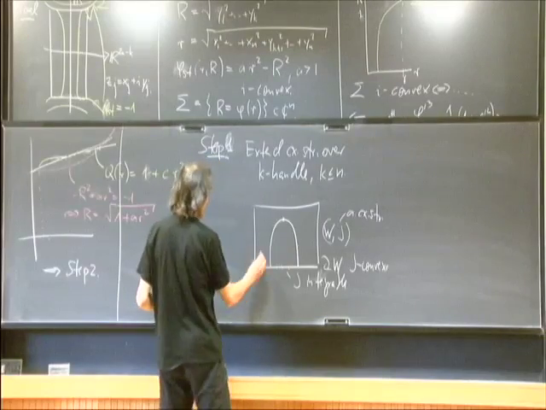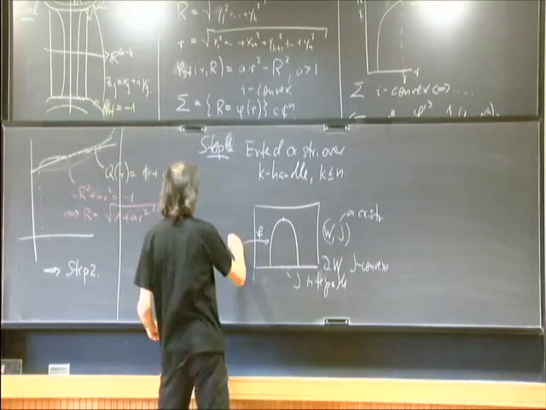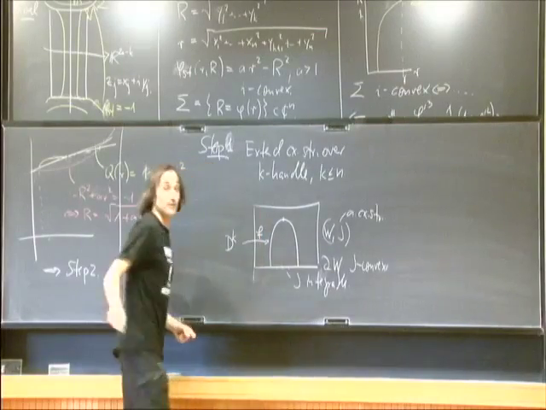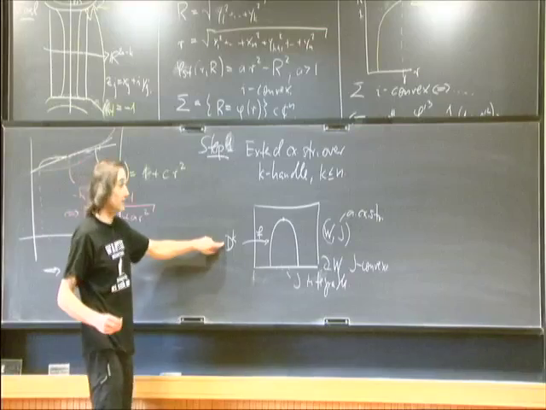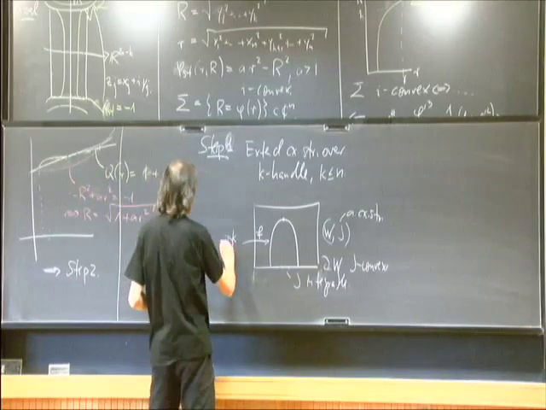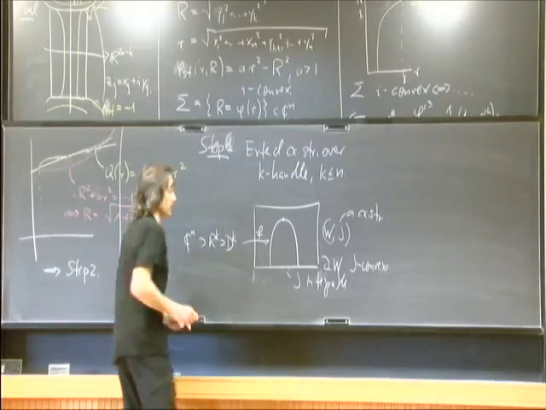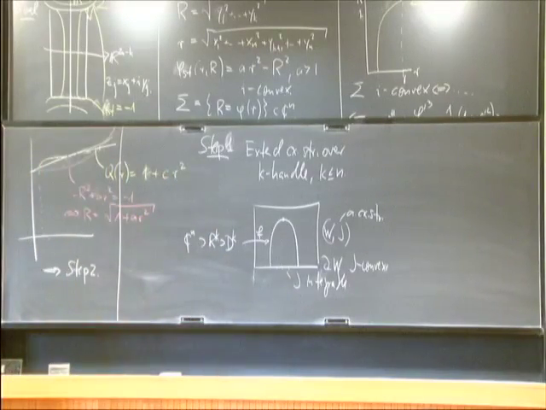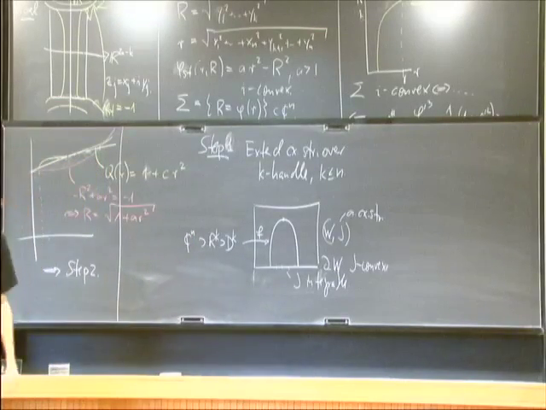We can parameterize this by a map from the k-dimensional standard disk. Again, I'm viewing this as the unit disk sitting in Rk, sitting in Cn. It's a real disk sitting in Cn.